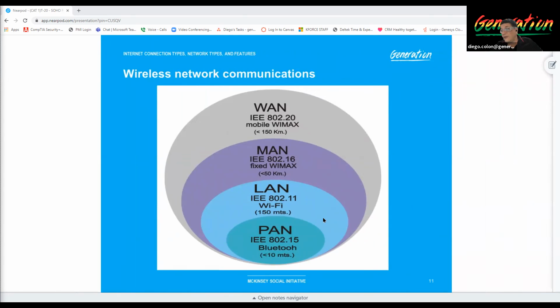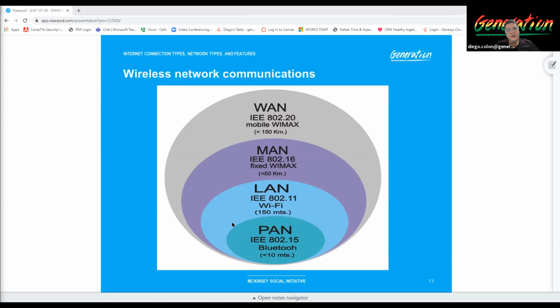As we mentioned before, we have our PAN, which is the IEEE 802.15. That is usually less than 10 meters. Your next one would be the 802.11, which is your Wi-Fi, and depending on the type of equipment you have, it can go up to 150 meters.